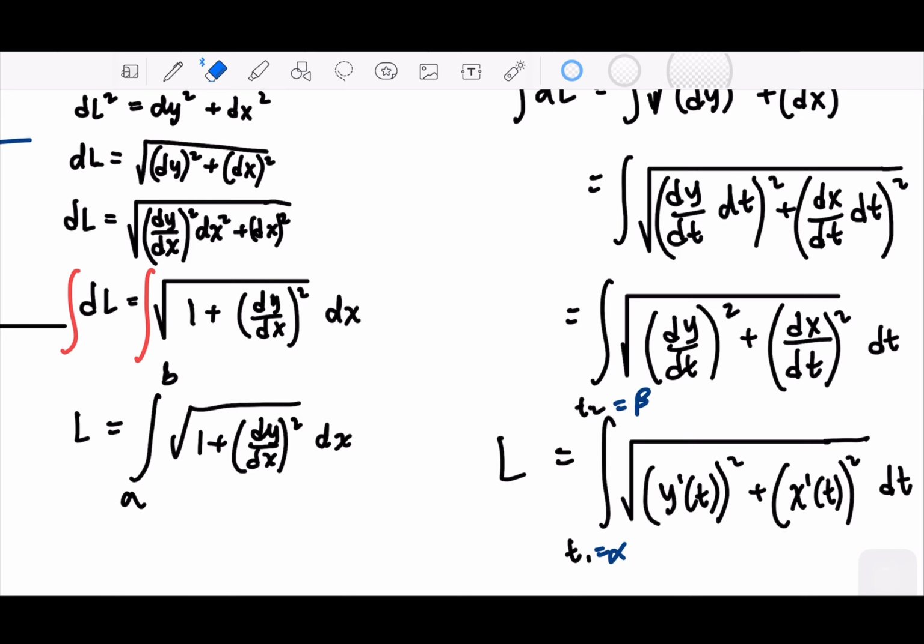Okay, I think I don't need to write all the complete theorem. Okay, this is supposed to be y is a function of t, x is also a function of t, and they traverse with certain variable or parameter t. Okay, let's say it's alpha and beta, and we can write the arc length as simple as that.